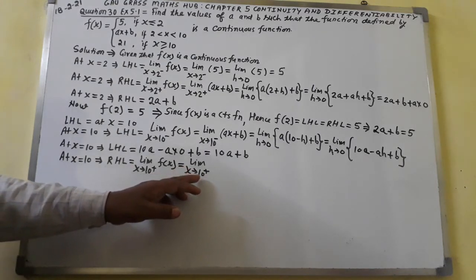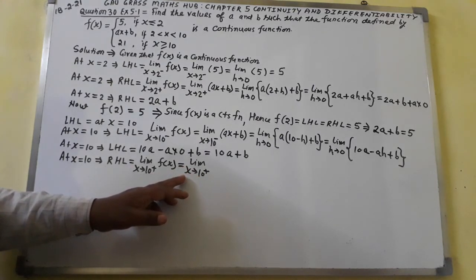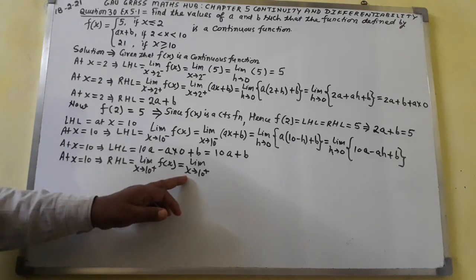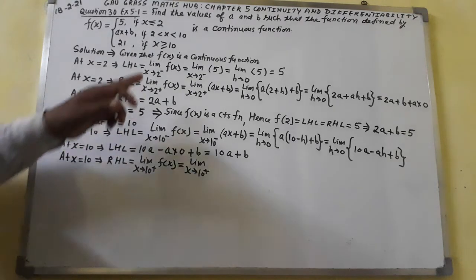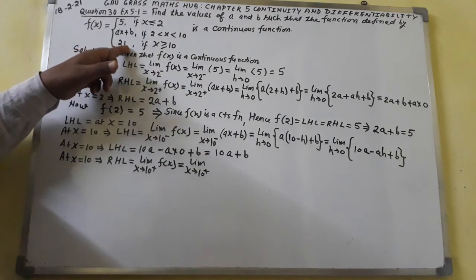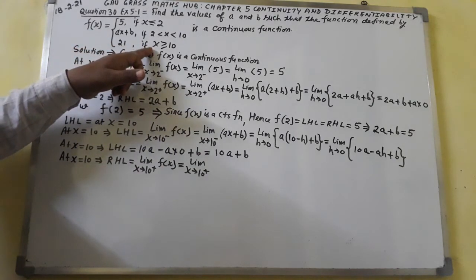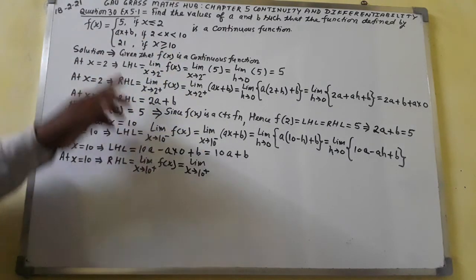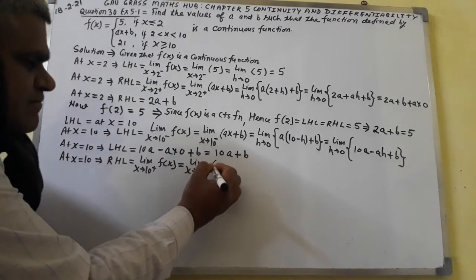This means that the value of x must be greater than 10. We have to choose the function in which x is greater than 10. So here you can see f of x equal to 21 is that function.